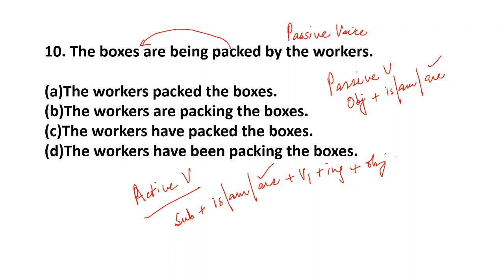Plus being, since this is present continuous tense, plus V3, plus by, plus subject. So the passive voice has to be changed into active voice: the subject, the workers, are, pack plus ing, packing, and then the object. So B is the correct answer.